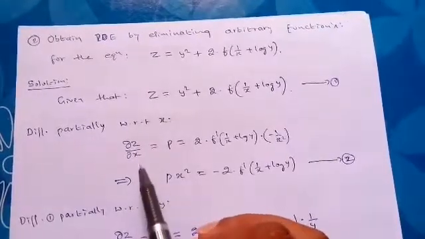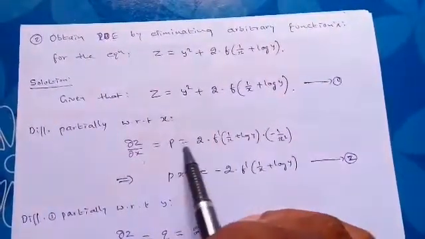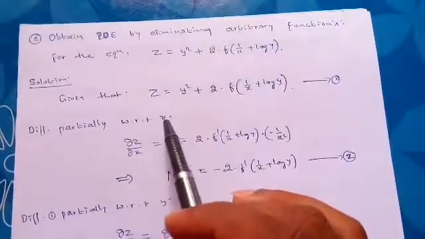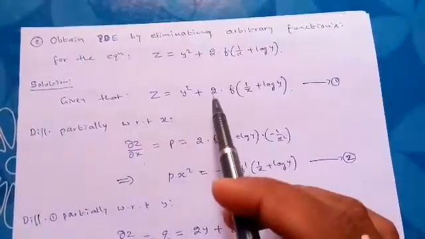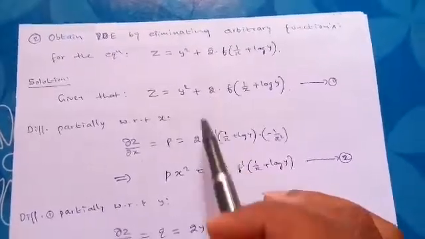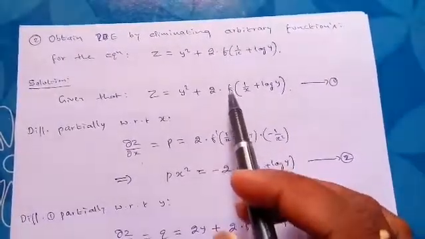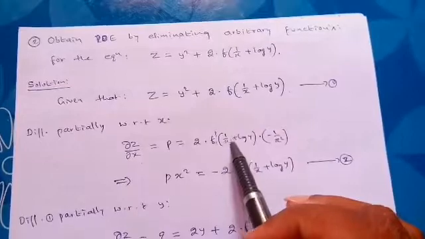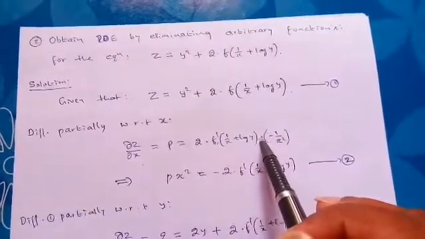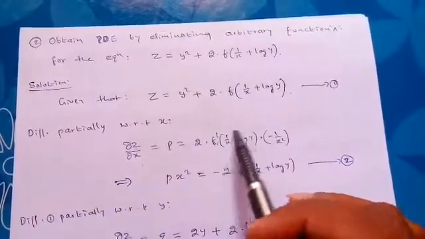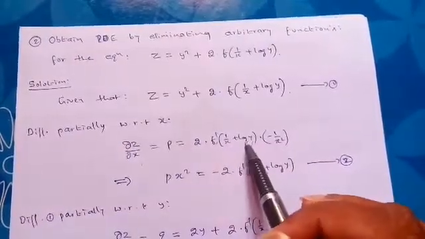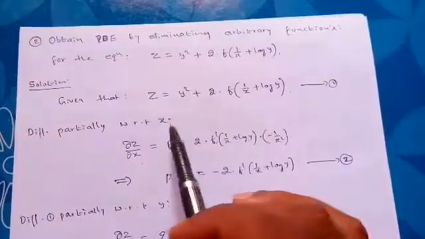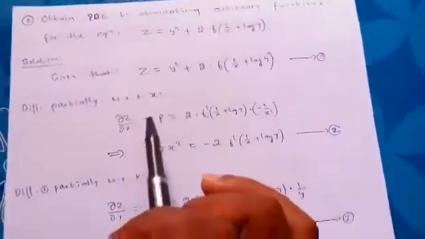Derivative of z is dou z by dou x, its notation is p, equal to, here while differentiating with respect to x, y is constant, its derivative is 0. So the next term is 2 into the derivative of f, f dash of 1 by x plus log y, into the derivative of the inside term: 1 by x has derivative minus 1 by x square, and log y has derivative 0 because we are treating y as constant.